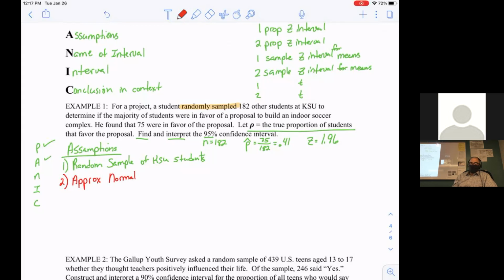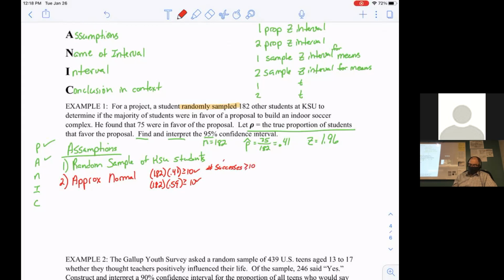And again, we have to go back to, we are doing a proportion. So that means that we're going to have to do n times p. So we're going to have 182 times 0.41. That is greater than or equal to 10. 182 times 0.59 is also greater than or equal to 10. Both of those check out. You could have gone with successes greater than 10.